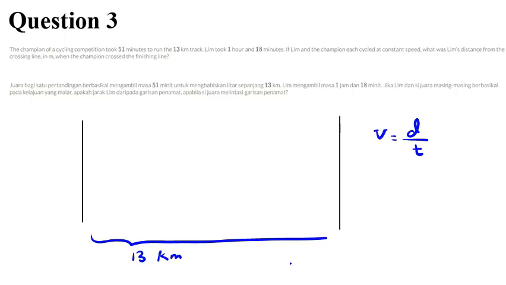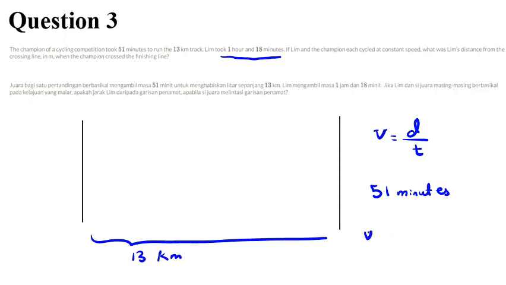After 13 kilometers, the champion crossed the finishing line. So after 51 minutes, we want to find the distance of Lim from the finishing line. Because we know the time, 51 minutes, we should find the speed of Lim.